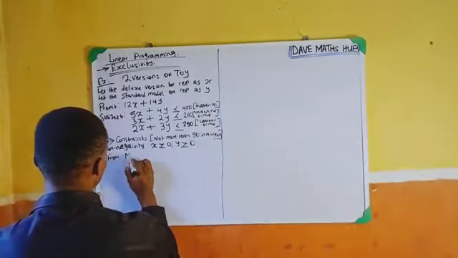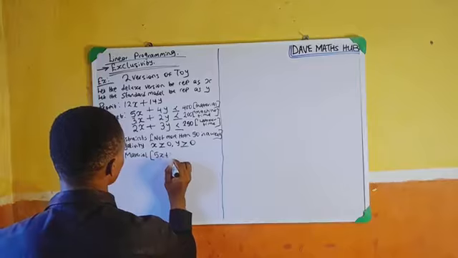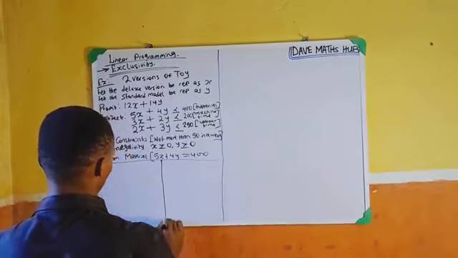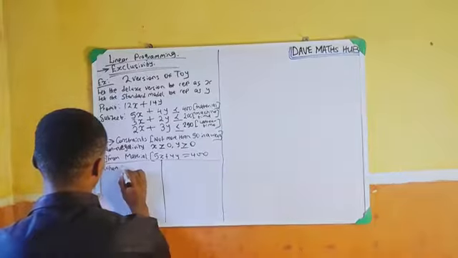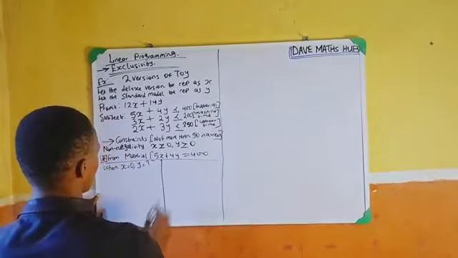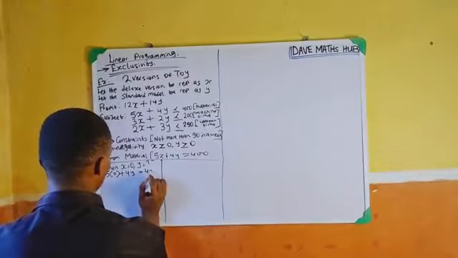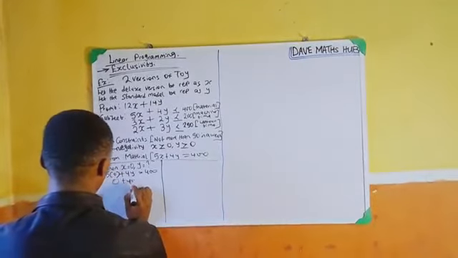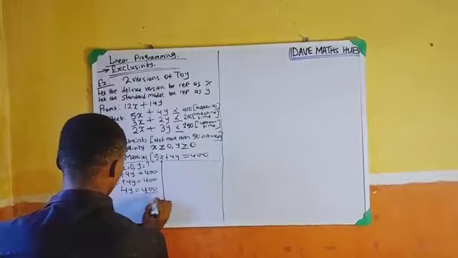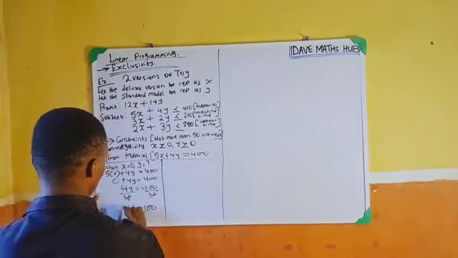From material, being 5x plus 4y equals 400. When x is equal to 0, y is equal to question mark. So 5 open bracket 0 plus 4y equals 400. 5 times 0 is 0 plus 4y equals 400. 4y equals 400, divided by 4, y is equal to 100.